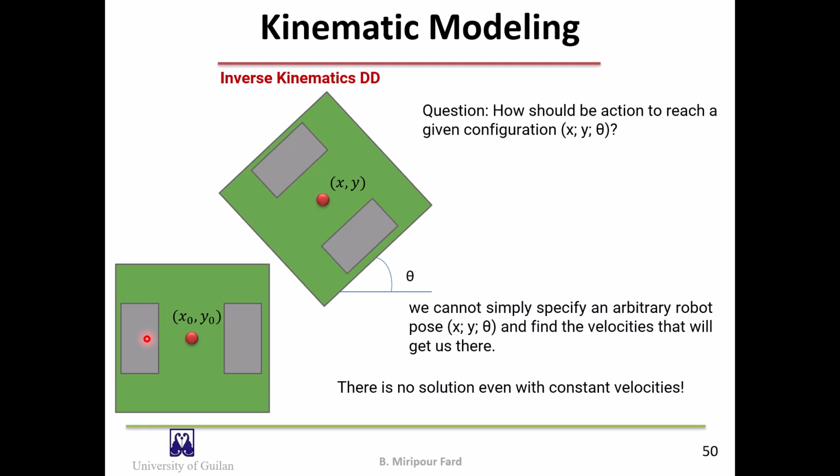Now, let's talk about the inverse kinematics of the diff drive robot. The related question is, how should the action be to reach a given configuration or pose? As you know, the non-holonomic constraint imposes a limitation on instantly establishing a position for this robot. For example, this robot cannot move directly sideways in this way. Mathematically, according to the kinematic equations, we can't just specify any pose and compute a linear and angular velocity to get there.